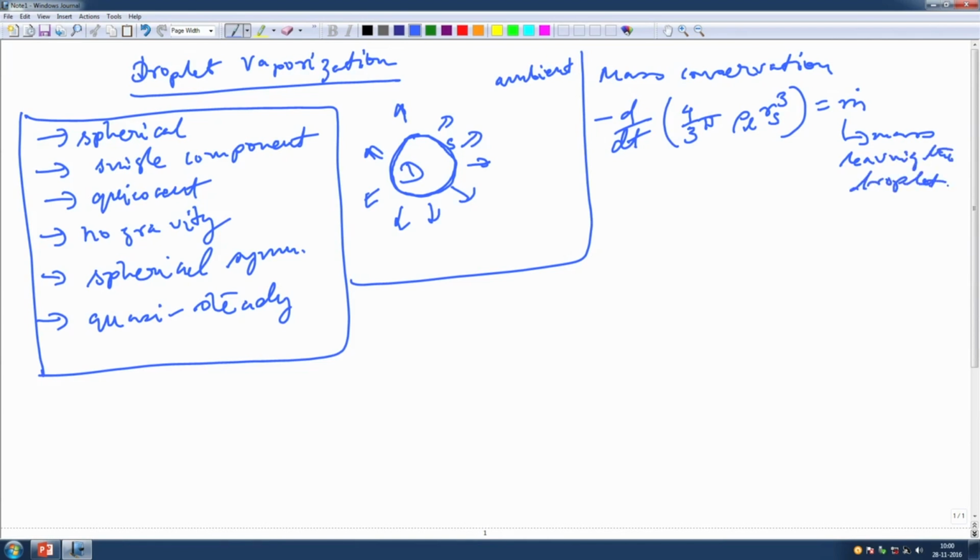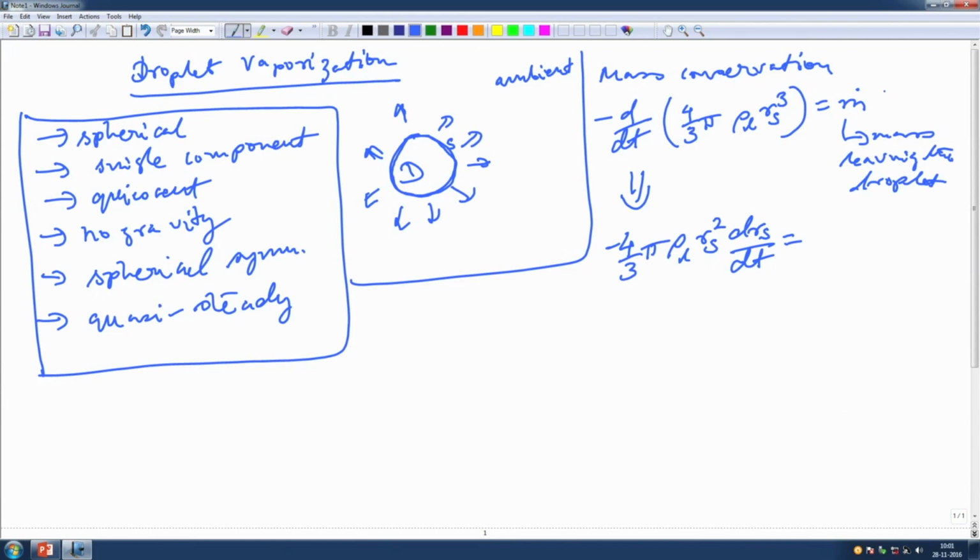Very simple. Now, if we want to write this further, we can take the liquid density to be constant. So, it comes out of the bracket: R_s square dR_s/dt.